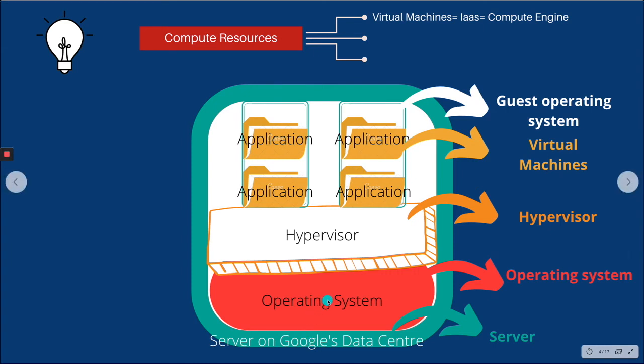On that, we'll have our operating system. This is again specific to what you need the solution to do. On top of that, we've got what we call a hypervisor. This is a virtualization layer so that we can use guest operating systems. As you can see here, the white square where you can see the folders is our guest operating system. And then on that, you can upload your virtual machines to run your applications.